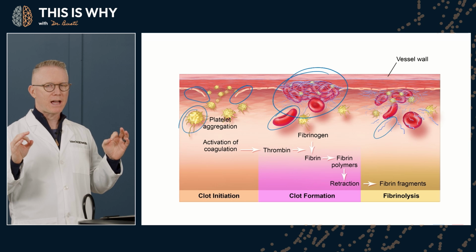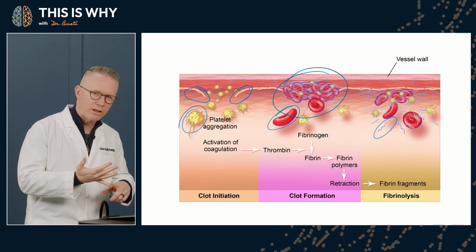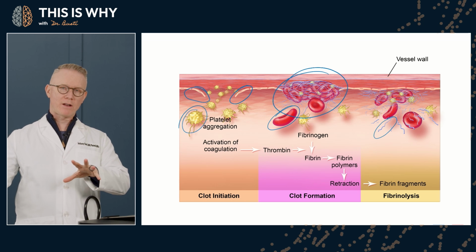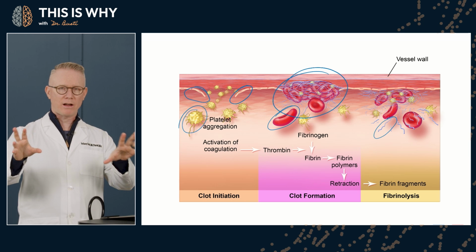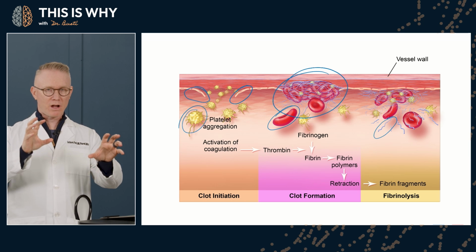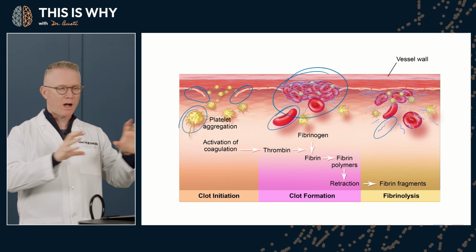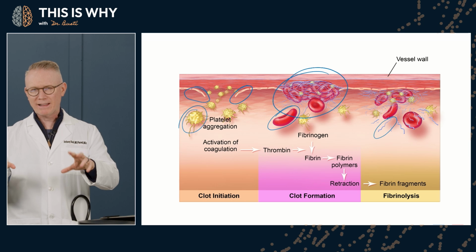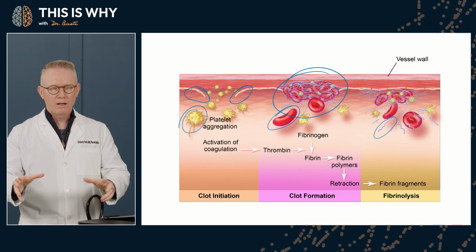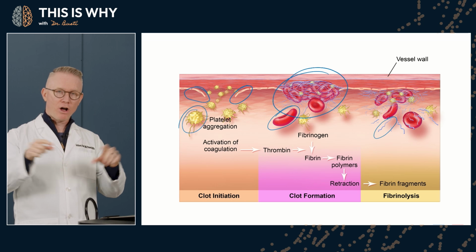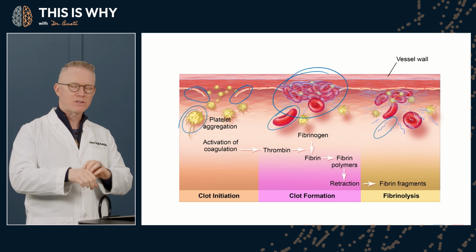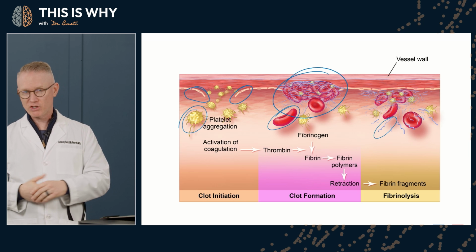And when it does that, it exposes things like collagen, von Willebrand's factor, which is floating around in the blood, deposits there, and that interacts with glycoprotein 1 receptors on the platelets, turns them on. Collagen interacts with the platelet through glycoprotein receptors, turns the platelet on. There's other things that are happening all in this milieu that allows the clot to develop and initiate.